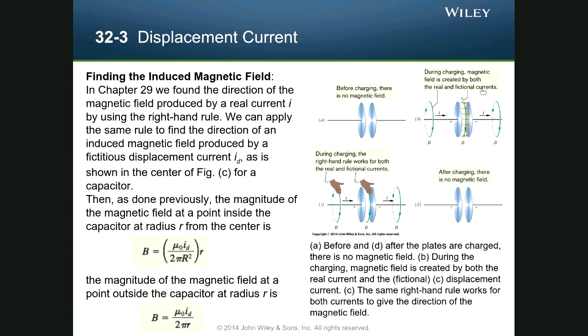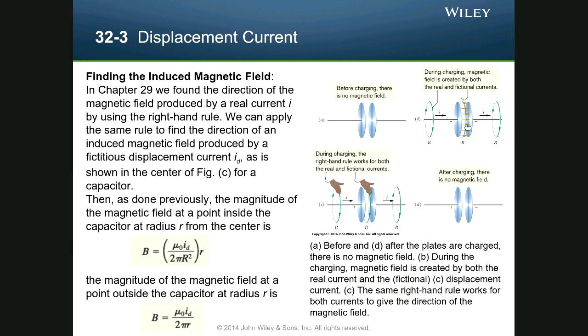So again, the displacement current can be looked at as this charging of the capacitor. But you'll notice you have a current here, and that will lead to a magnetic field. You'll also have a current on the other side of the capacitor that will lead to a magnetic field. And you will have a magnetic field at the capacitor.